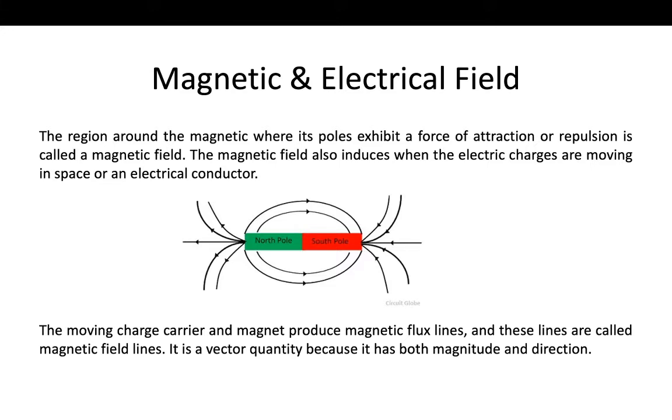The moving charge carriers and magnets produce magnetic flux lines, also called magnetic field lines, and these lines are vector quantities. Why? Because they have both direction and magnitude.